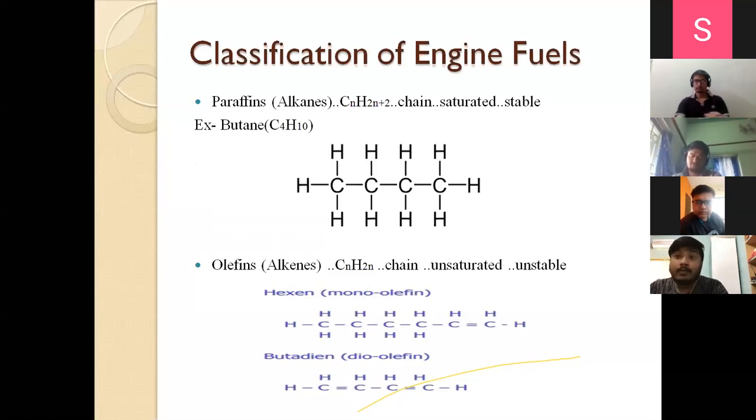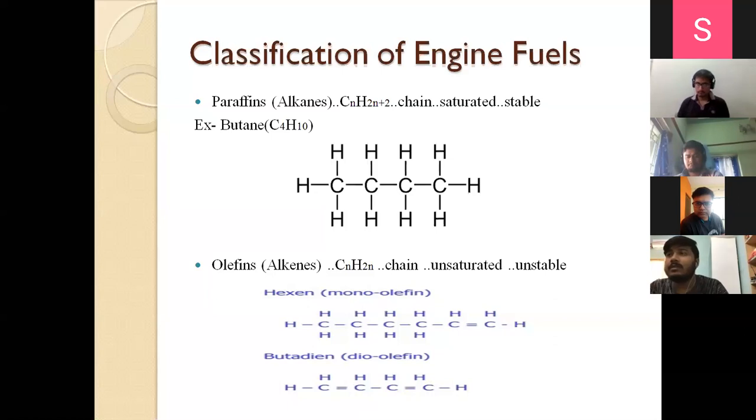The chemical formula is CnH2n plus 2. N can be any arbitrary number. It can be 1, 2, 3, 4, and so on. These fuels, the alkanes, are chain, saturated, and stable. One example I have given is butane. One alkane group fuel you know is methane.